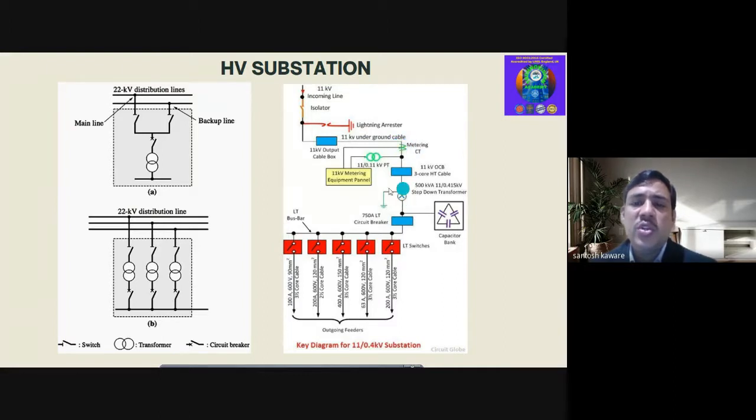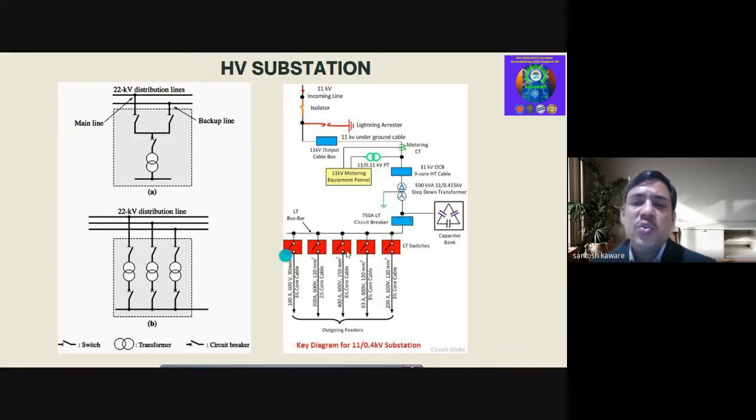If we talk about the transformer, in the primary you have a CT, and in the secondary also you have a CT to measure the HV and LV side currents. And if it is a common bus system, PTs are provided to the common bus. And then you have the distribution feeders.